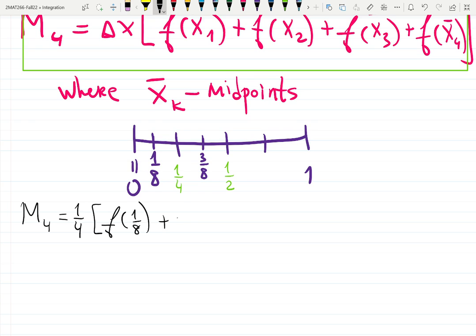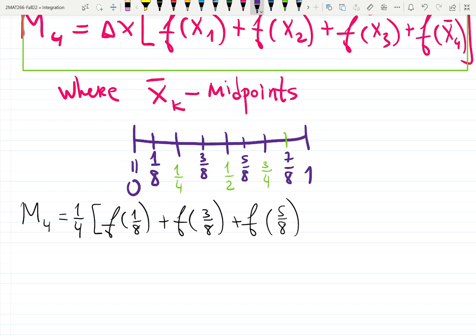So I will have f of 3/8 plus f of 1/2, then it was 3/4. What is half between 1/2 and 3/4? 5/8, thank you. f of 5/8. And finally, the last one is easy to find because it's 1 minus 1/4.